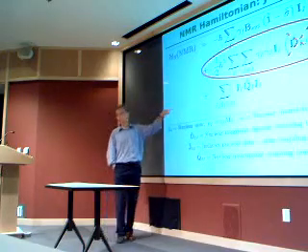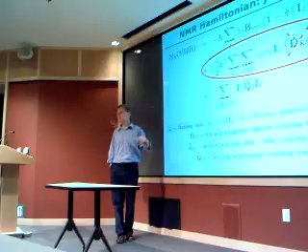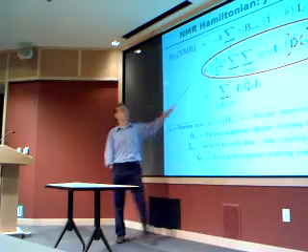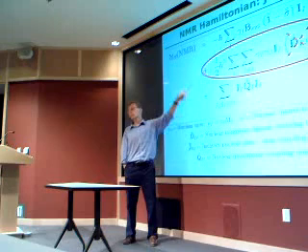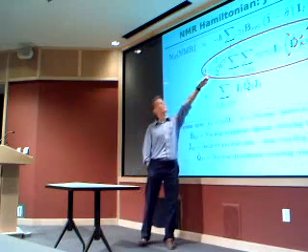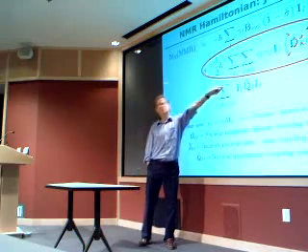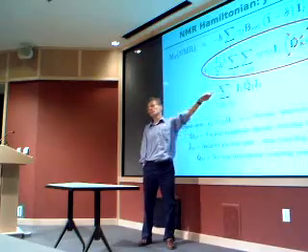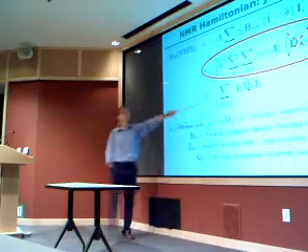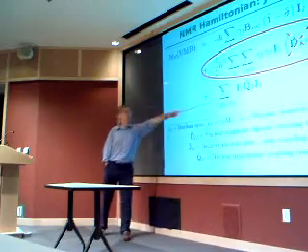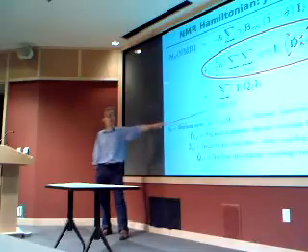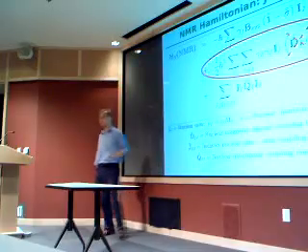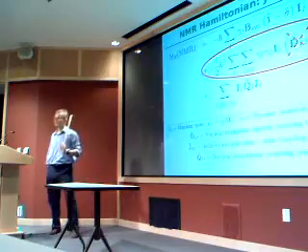In experiments, one uses this oscillating magnetic field in such a way that one probes only some of these. And usually this is the larger one compared to this one.